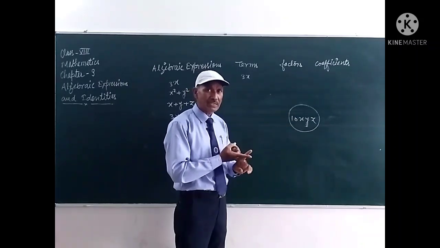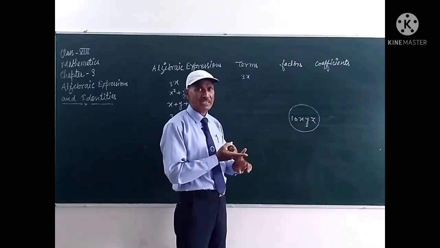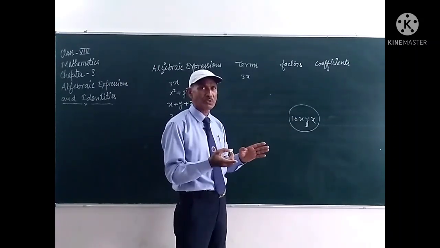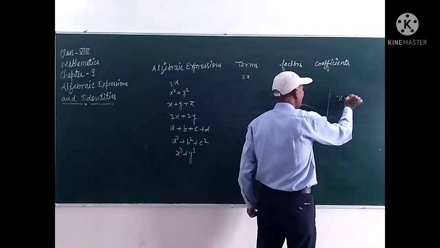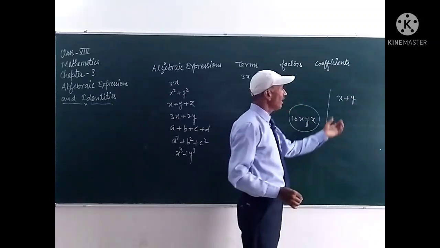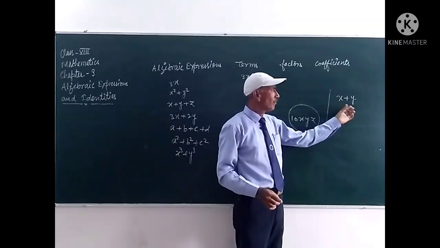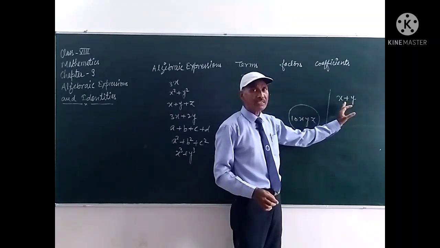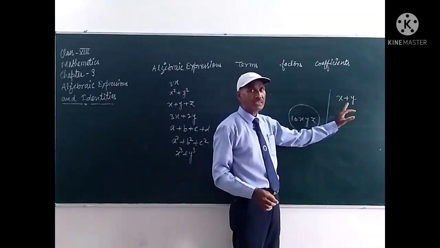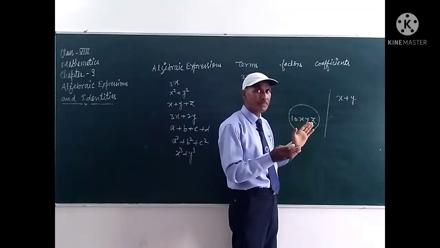Plus and minus, or addition and subtraction, separate the terms, student, like this. x plus y. There are two terms, student. First term is x and second term is y, because addition and subtraction, or plus and minus, separate the terms.